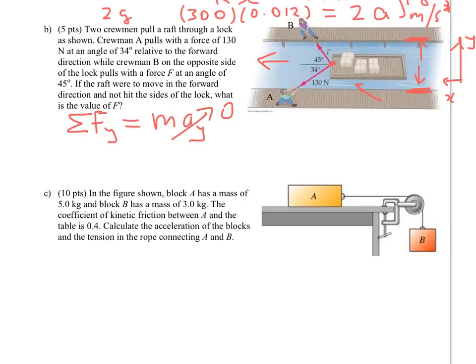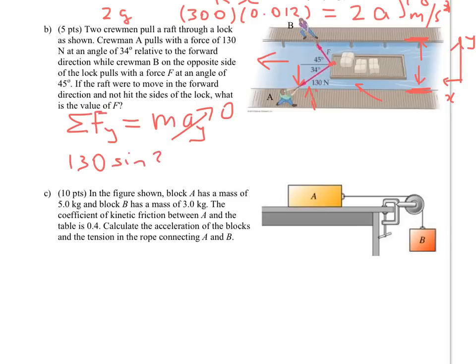And if you look at the force applied by A, the y component is this one. It's downwards, and it is opposite the 34-degree angle. So the y component would be F times sine 34 degrees, because it's opposite.